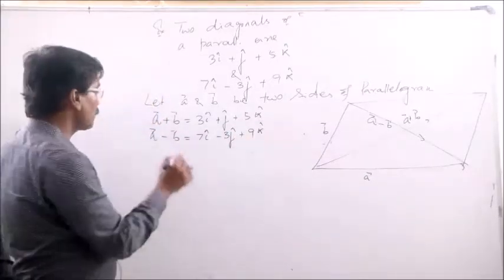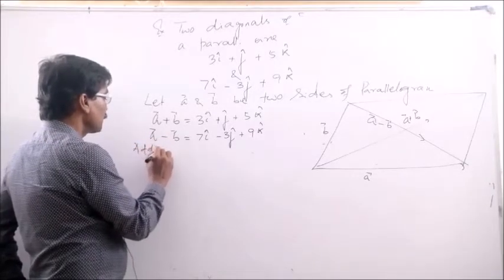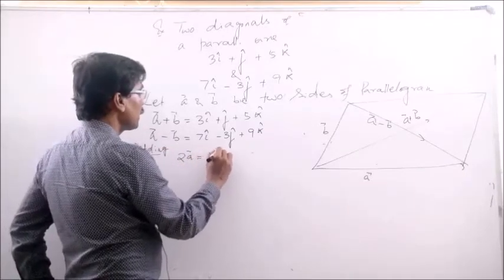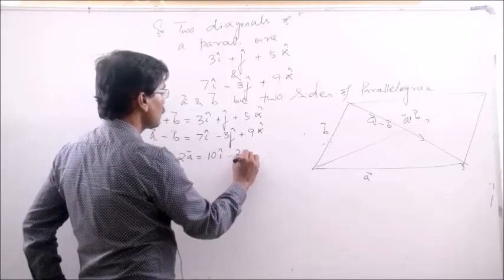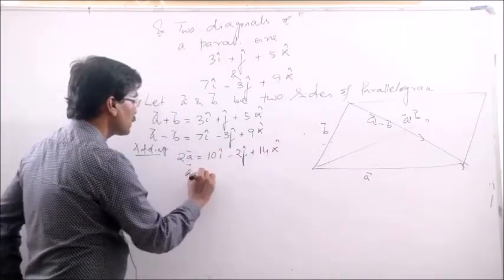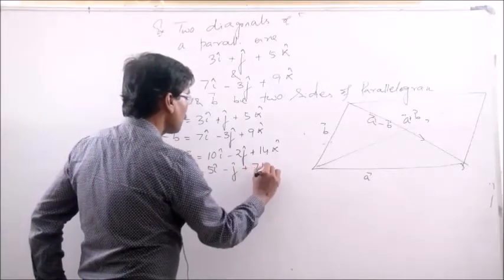Now if we solve these two equations by adding, we have 2A vector equal to 10 i cap minus 2 j cap plus 14 k cap. So A vector is equal to 5 i cap minus j cap plus 7 k cap.